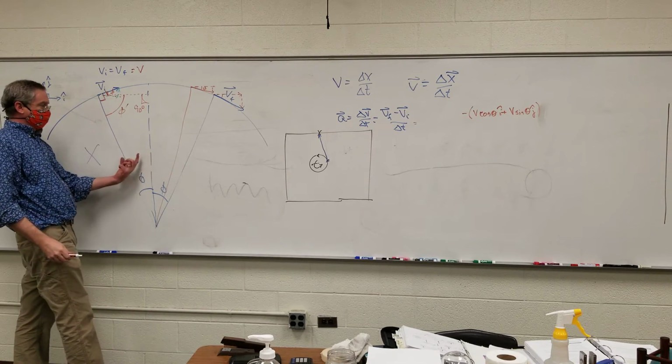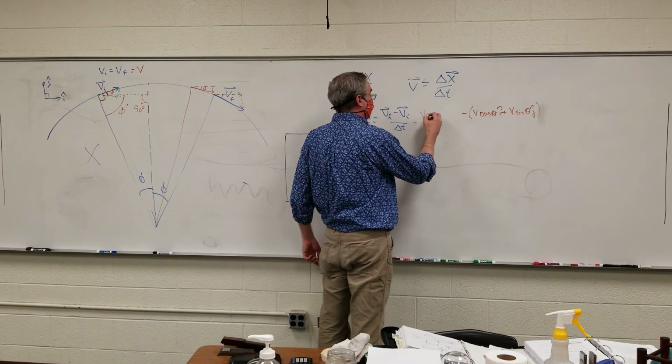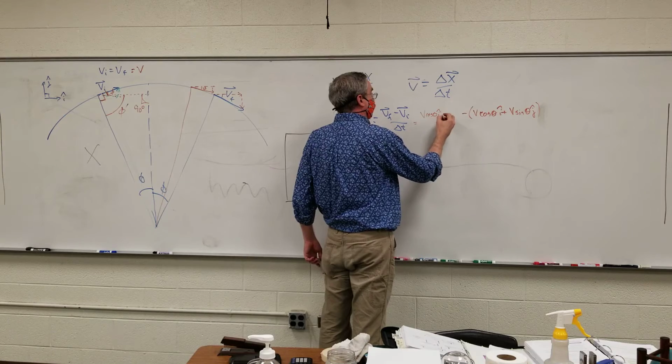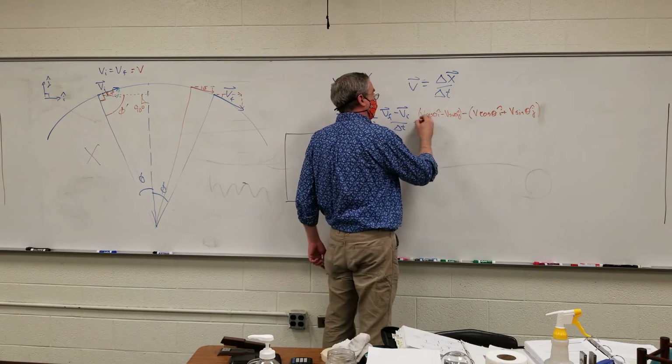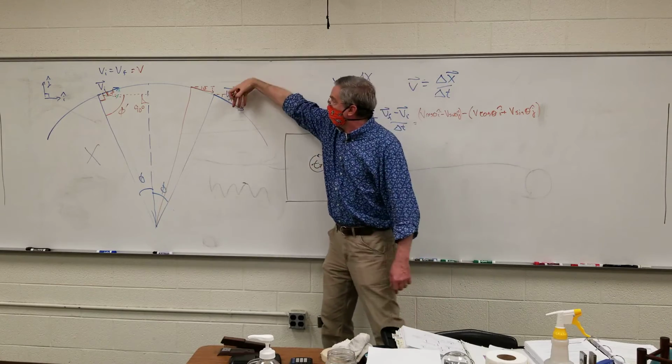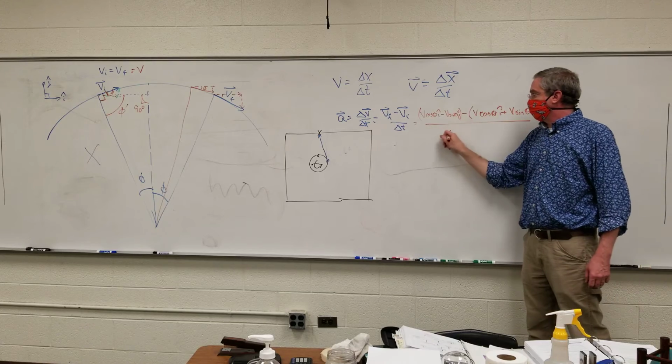That's probably closer to that right there. All right, so this would end up being v cosine theta i hat minus v sine theta j hat, and minus because there's the downward component here, over time.